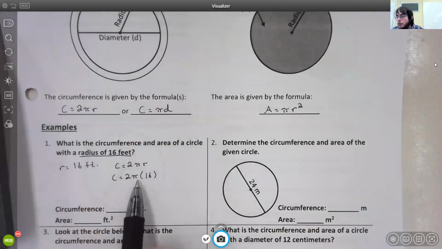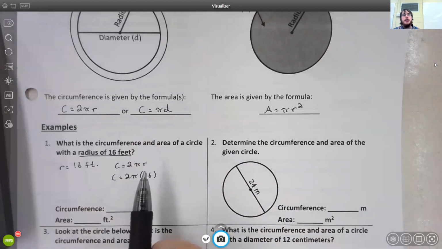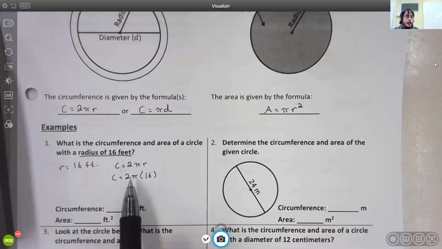So 2 pi drops down, and we plug in 16 for r. Now, pi is a number, but typically what it wants us to do is to determine the area or circumference using exact answers. That's going to have pi in it because pi is an irrational number. It's 3.14 and onwards. We don't know if it has an end, but it's irrational. So what we're going to do is treat pi like a variable and multiply these two numbers instead.